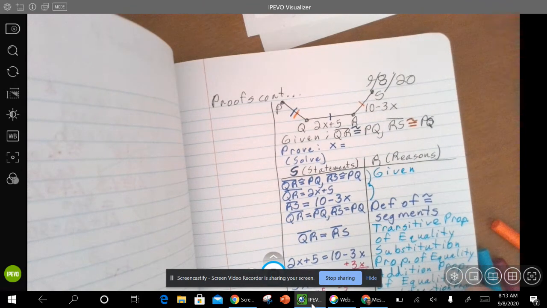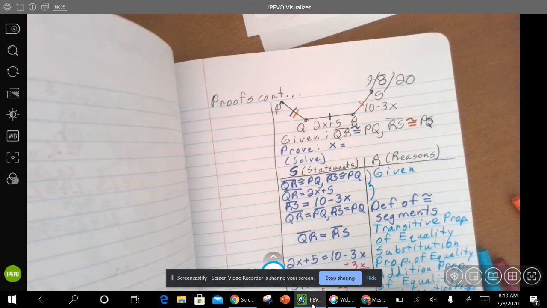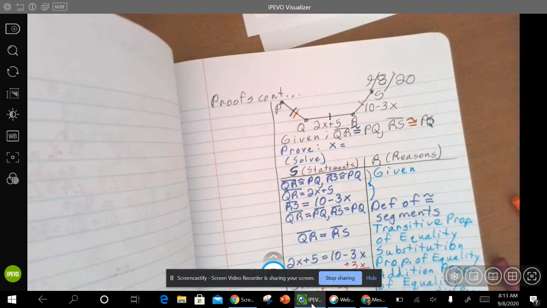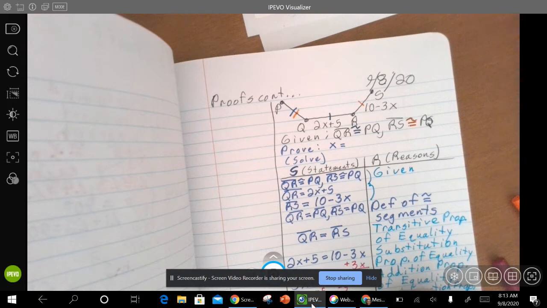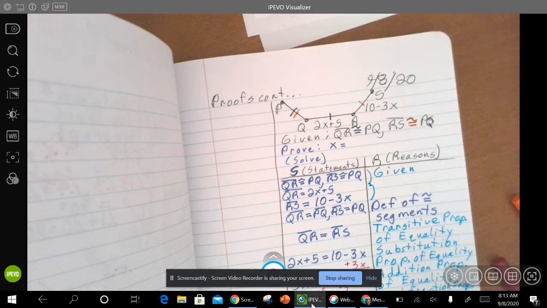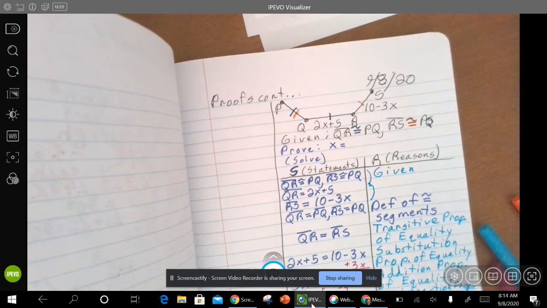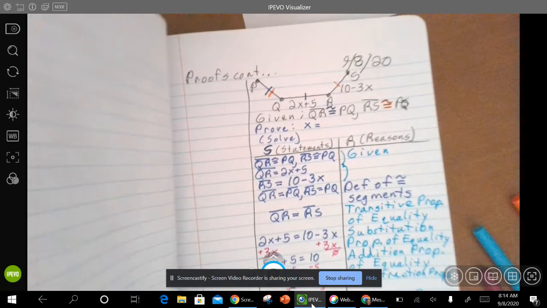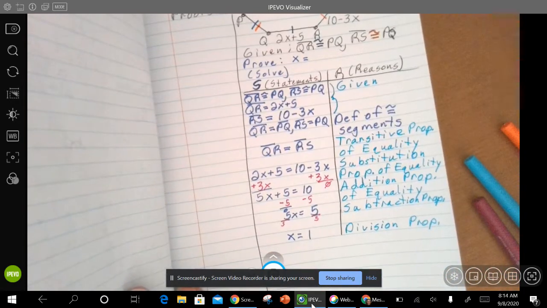What we do onto one side, we must do to the other side. So we get x is equal to 5, and that was our division property of equality. Everybody, we're just going step by step. Okay, everybody, you got this.